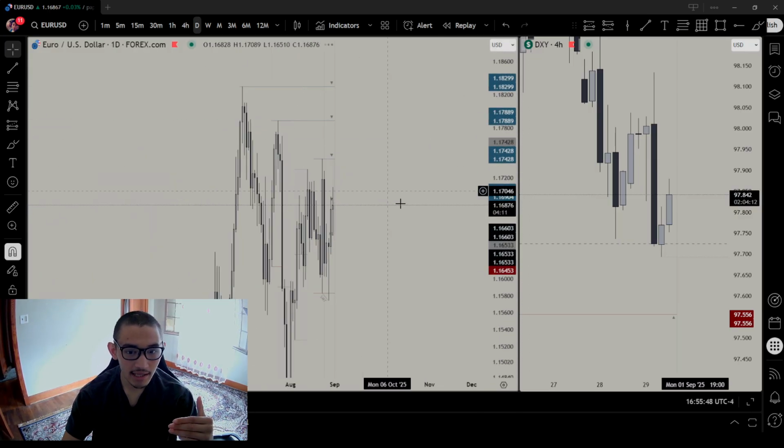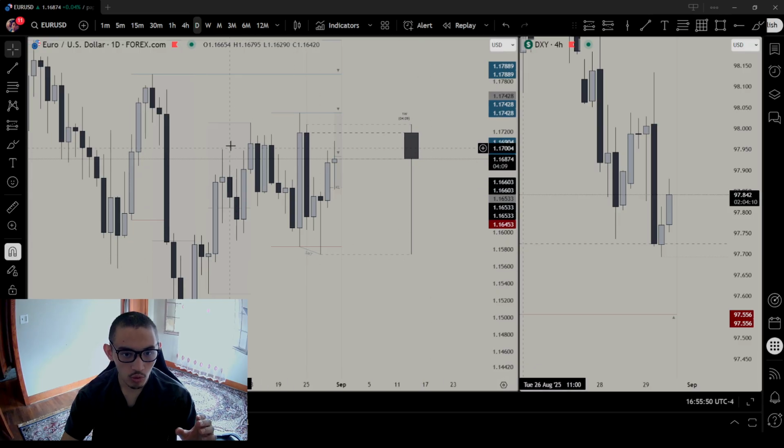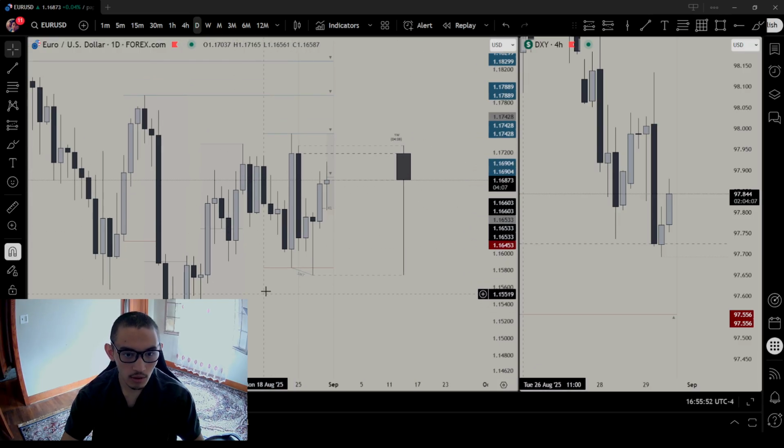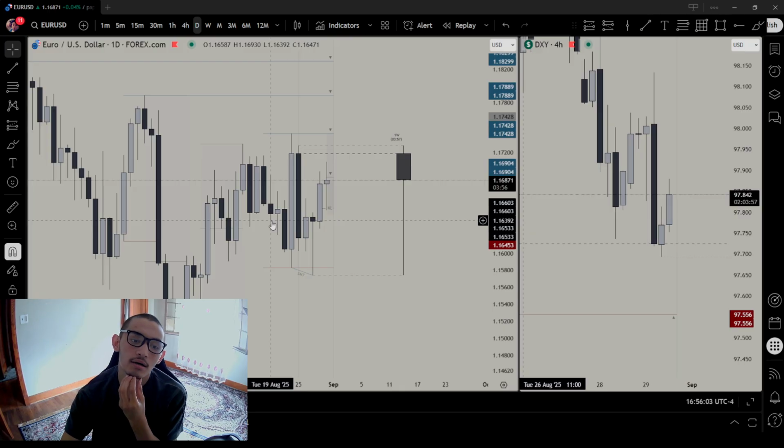Now, once I have the daily, I told you why we're looking for a pullback, and it tapped discount before. You can see how it tapped discount right over here, and it still failed below this old low. Why?